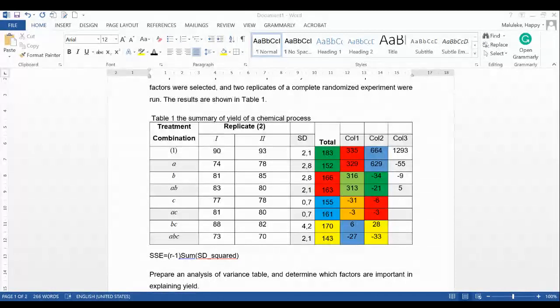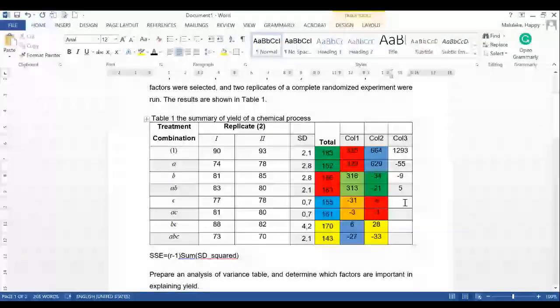Can I continue with the solutions? Let's go, guys. Negative 35. Negative 35. 13. 18.